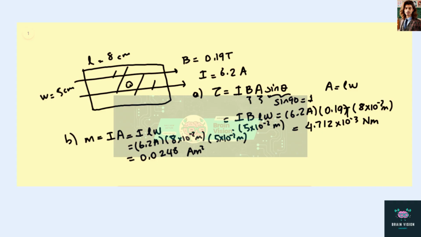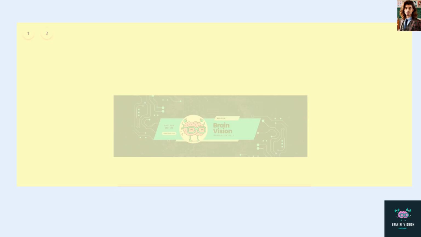Now, in part C, something interesting is happening. In part C of the problem, we are to calculate the maximum torque by keeping the wire length, the overall length, meaning the two widths and two lengths, constant, but changing the shape of the loop.